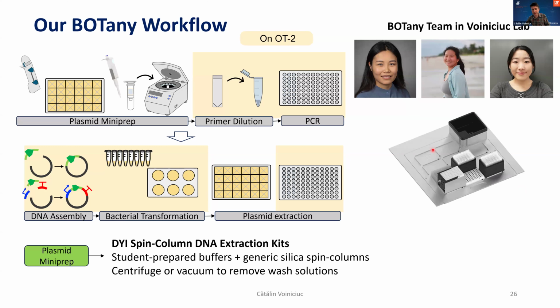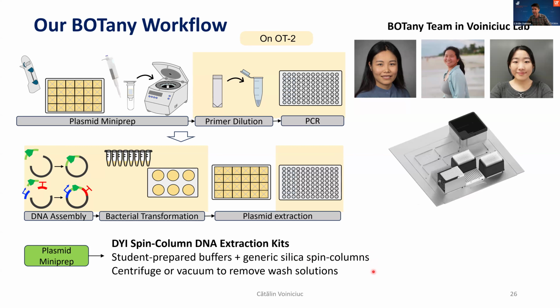So our procedure generally starts with DNA extraction, and we make our own buffers. Undergraduate students can do this. We buy generic silica spin columns. So I think this would be an attractive solution also for any other research team that is conscious of the costs of certain brand name reagents or kits, or they do not have reliable access to some of the big commercial solutions.